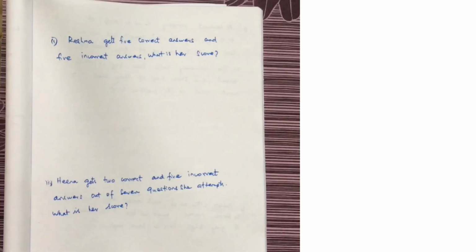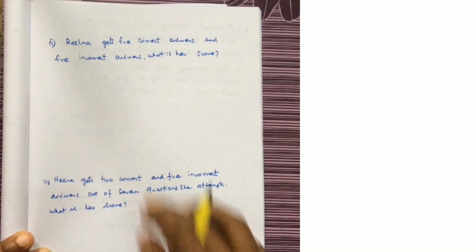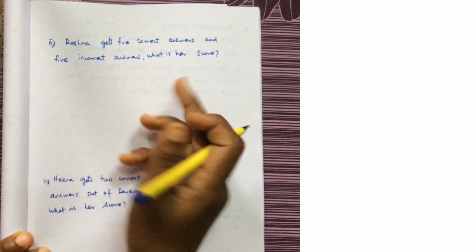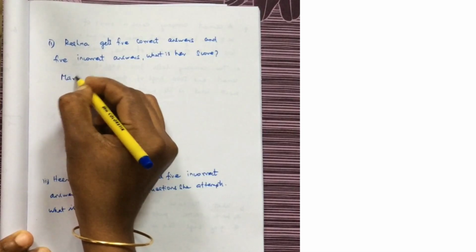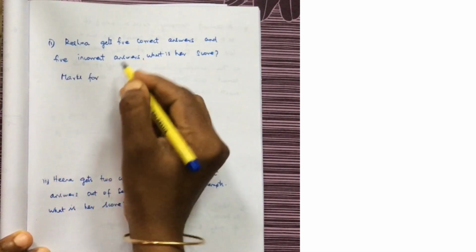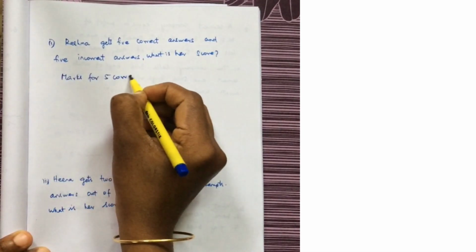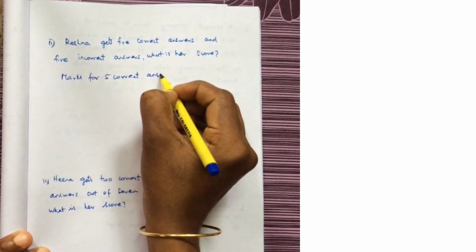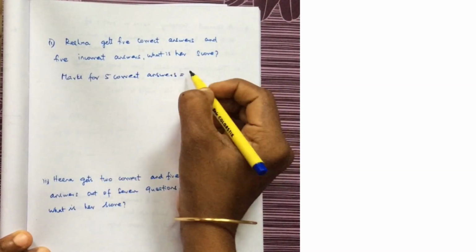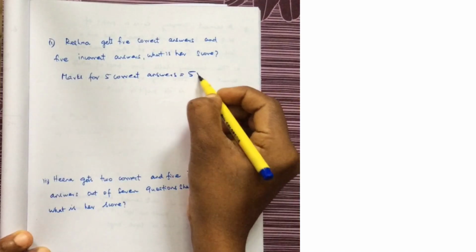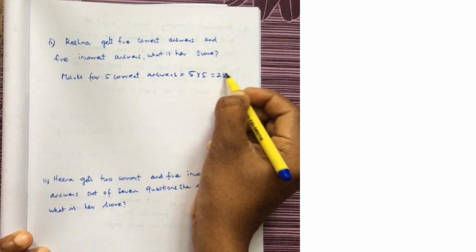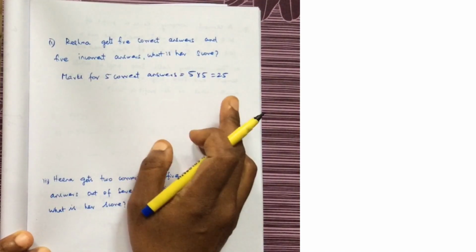Okay, Reshma gets 5 correct answers and 5 incorrect answers. What is her score? So marks for 5 correct answers, that is equal to 5 multiplied by 5, that is 25 marks. So this is the mark for correct answers.